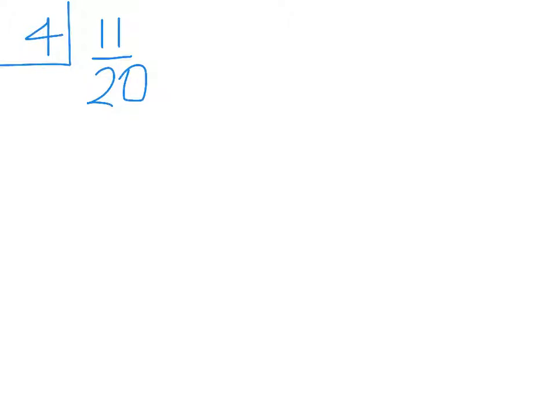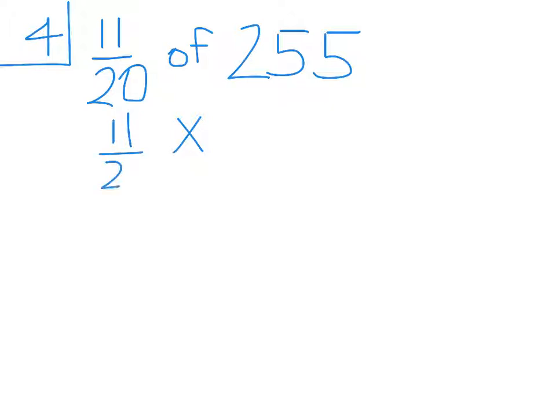But what we're doing is we're finding that the second coaster, the second drop, is 11/20ths of the height of the first one. So again, that word of is being used, and we should know that of means multiply. So we get 11 over 20 times 255, but again, we're going to put that over 1 since we are talking about multiplying fractions.